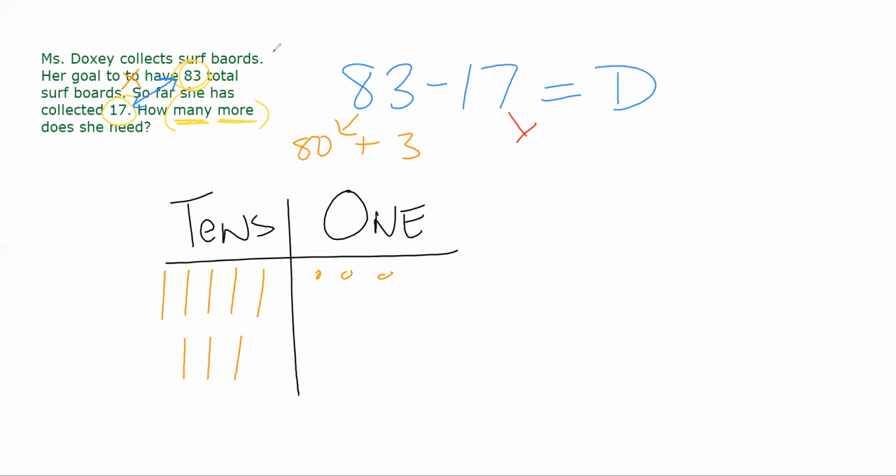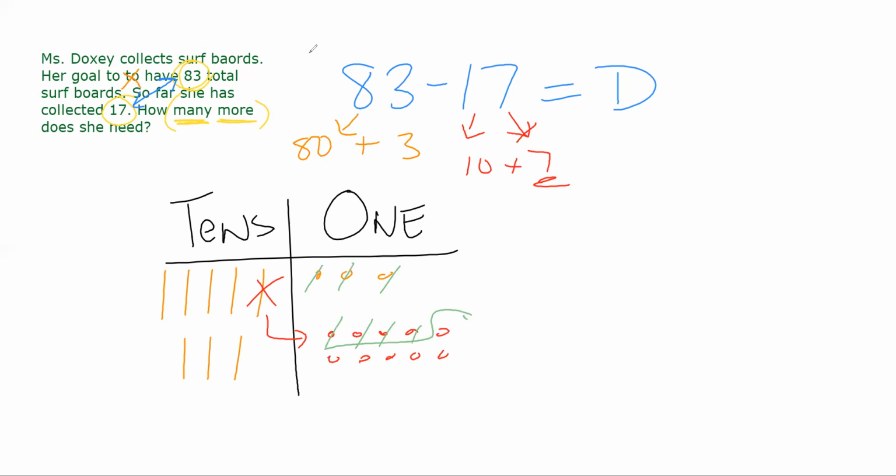So the first thing I need to do is subtract 7 1s, okay? But I can't do that, so it's time to decompose. I'm going to break this down into 10 1s, 2, 3, 4, 5, 6, 7, 8, 9, 10. And now we can take away 7 of them. 1, 2, 3, 4, 5, 6, 7.